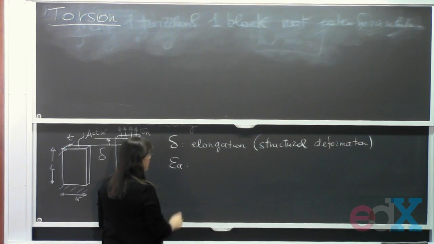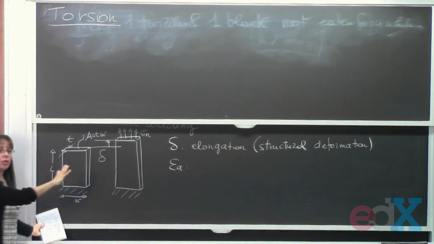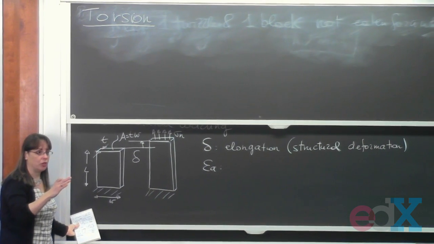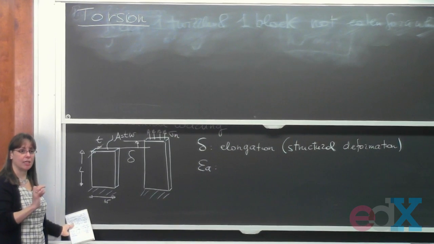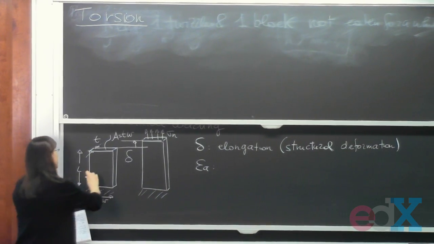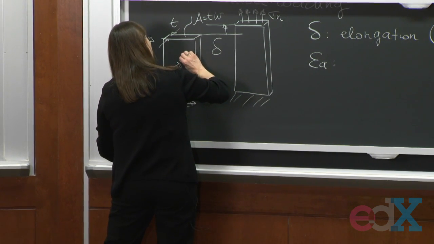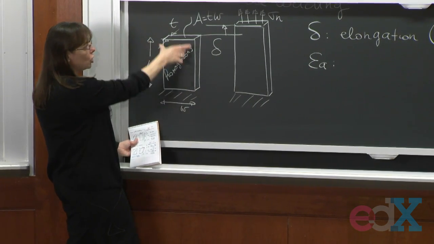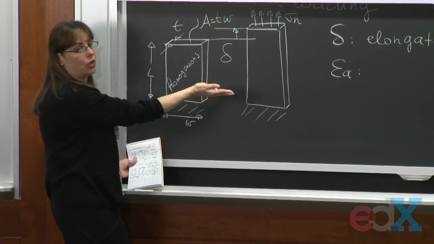The strain is defined as, so in this case, the example that I'm going to refer to today, because we want to start simple in torsion, we're going to relate what we're doing to a simple case of axial loading. So in this case, I have a homogeneous bar. The cross-section is constant. And there is only constant axial load on this thing.